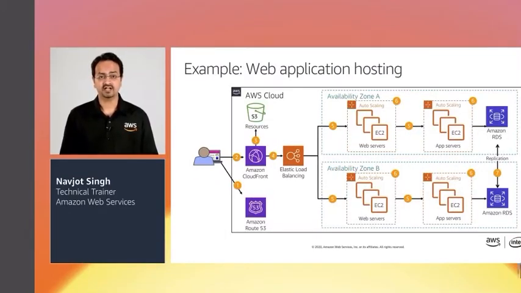Here is another example architecture that builds on the previous basic three-tier web application. Let's walk through this together, following each of the numbers. Users' DNS requests are serviced by Amazon Route 53.